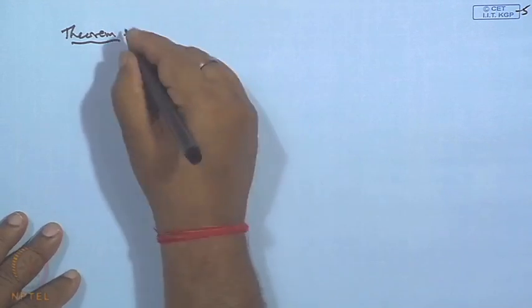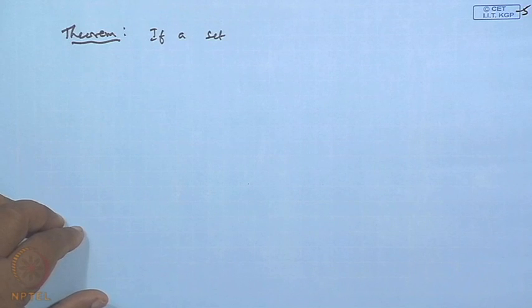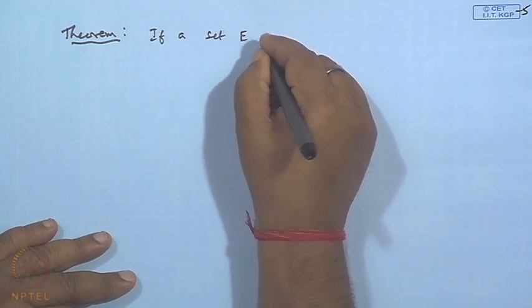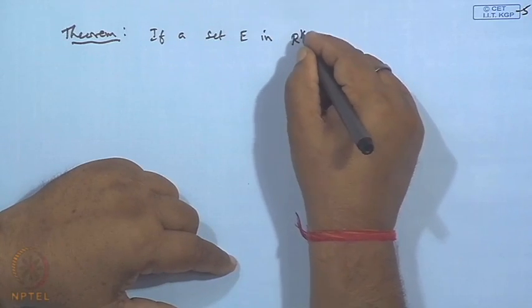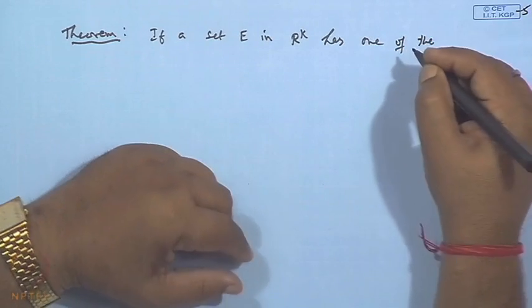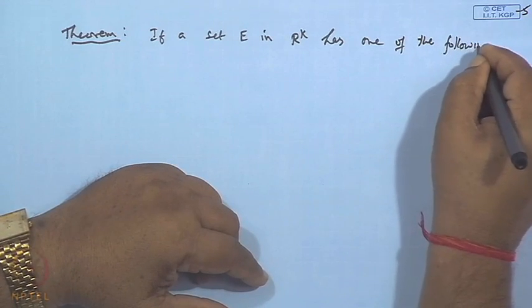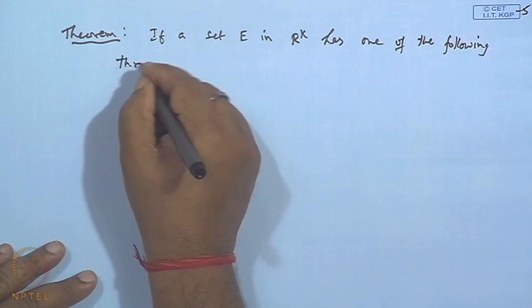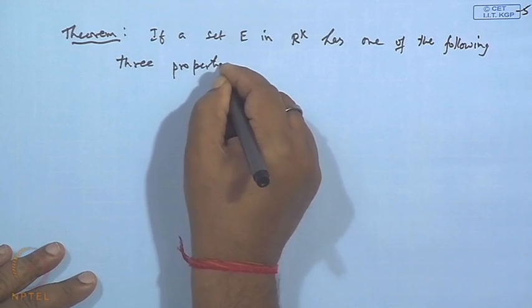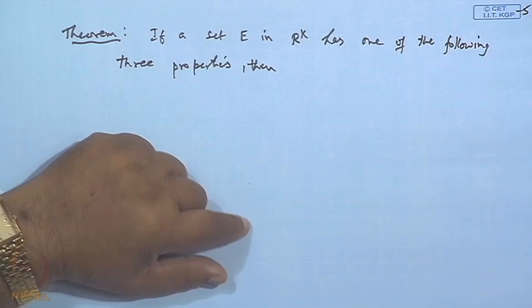The theorem says that if a set E in R K has one of the following three properties, then it has the other two.